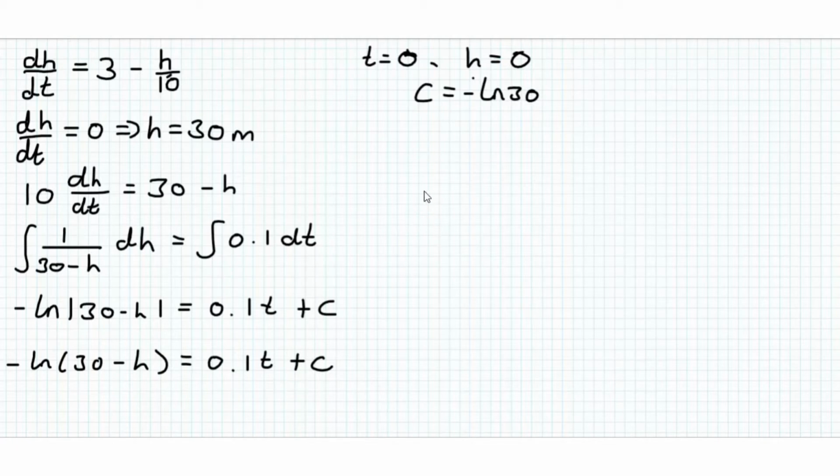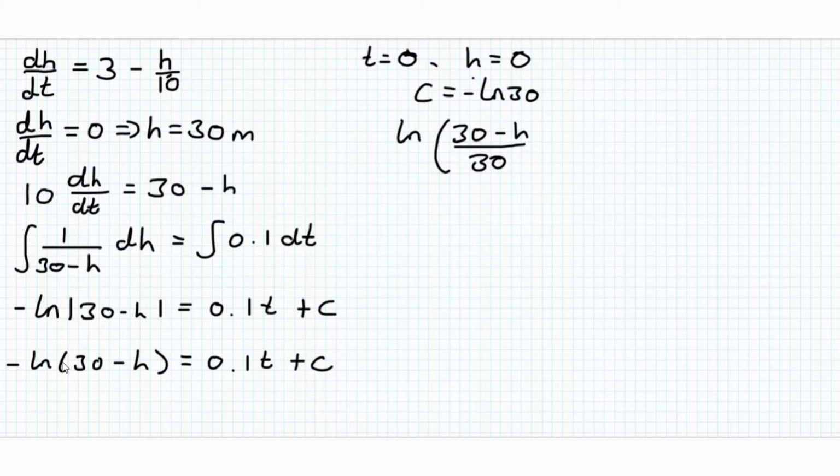Now we want to solve for h. So what we're going to do is get all these ln terms onto one side, and rearranging the equation gives us that ln of (30 minus h) over 30, using our laws of logs.